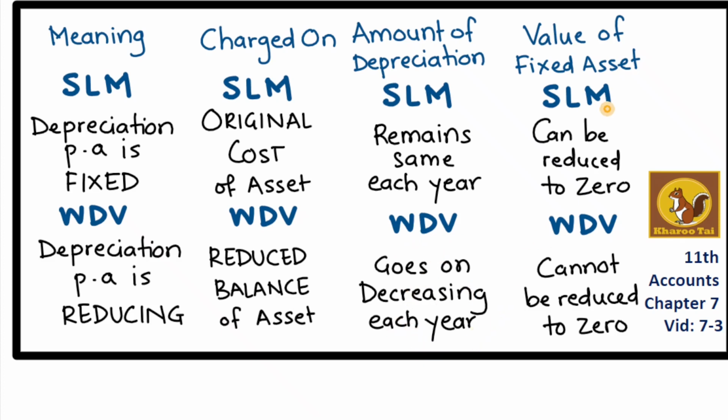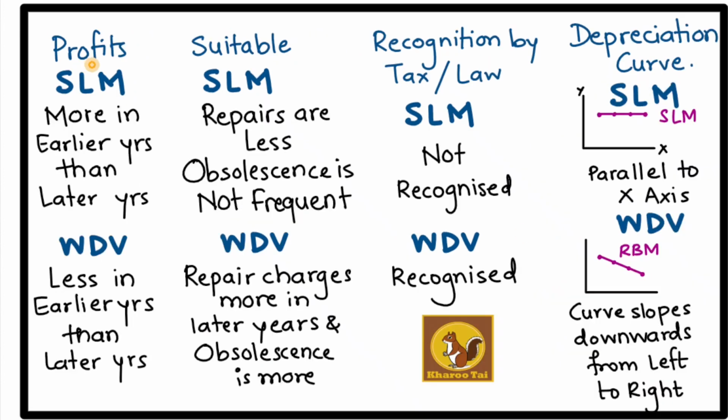The value of the fixed asset can be reduced to 0 in the straight line method, but it can never be reduced to 0 in the WDV method. Profits in the straight line method are more in earlier years as compared to later years. Vice versa in WDV, profits are less in earlier years compared to later years.